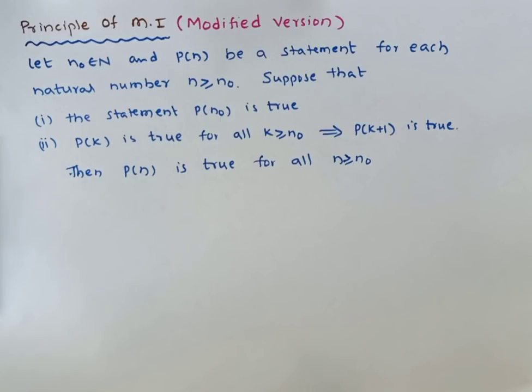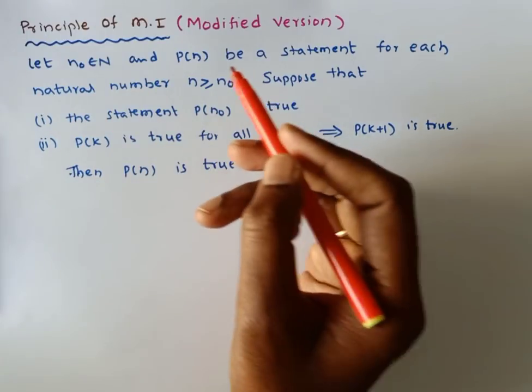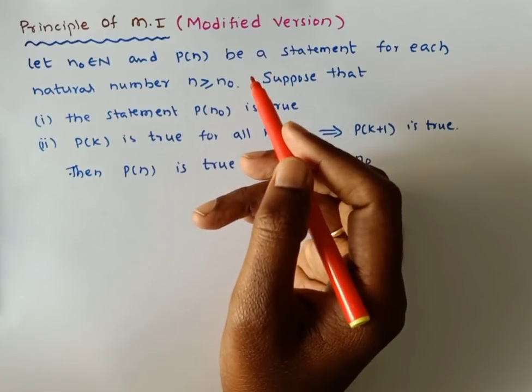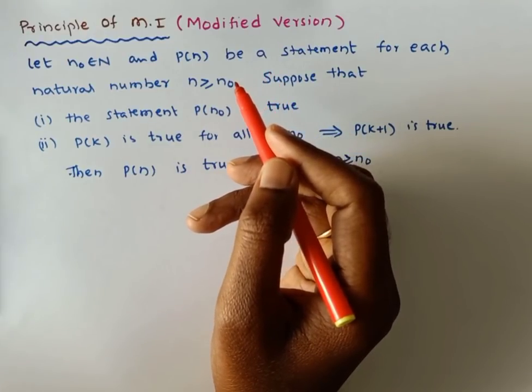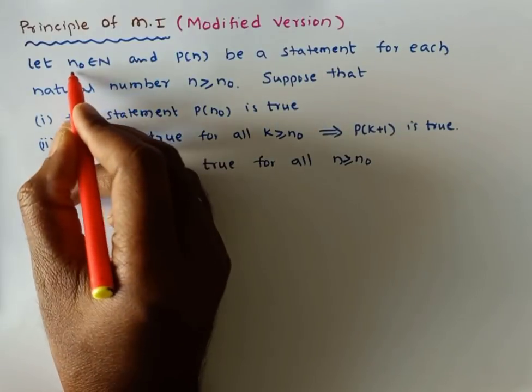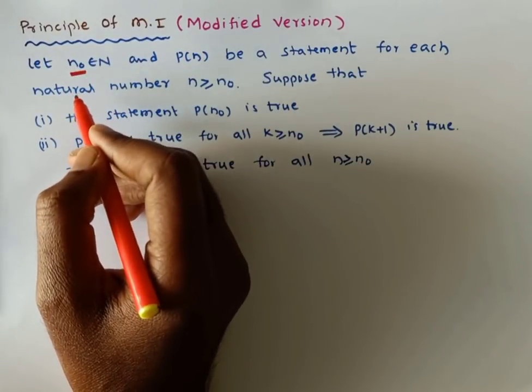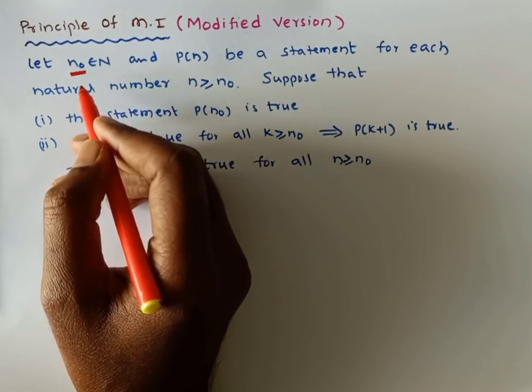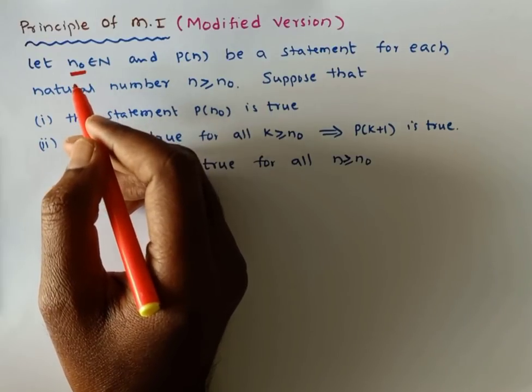Whereas in the normal principle of mathematical induction, the basic step is n equals to 1. In the modified version, the induction starts at any natural number, not only 1. So here n naught is any natural number after 1. That is nothing but the modified version.